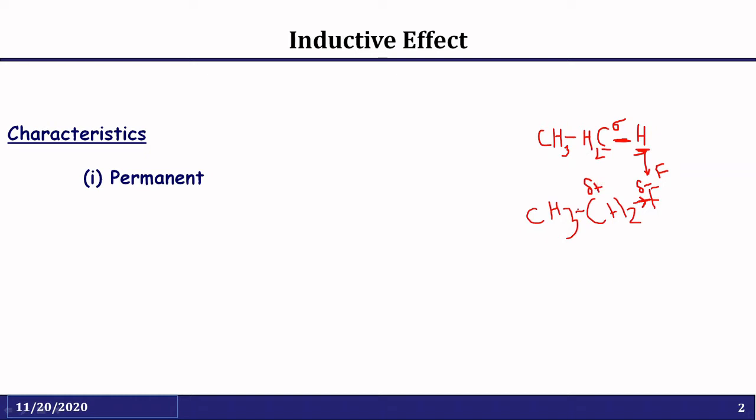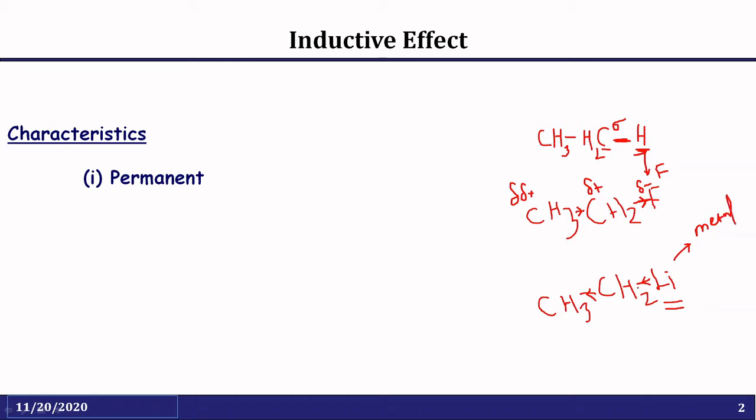This carbon now attracts the electron from the next carbon atom. Similarly, consider the replacement of hydrogen by the lithium atom, which is more electropositive compared to carbon. Due to the electropositive nature of lithium, it easily gives away its electron.